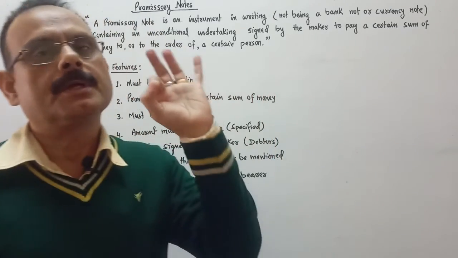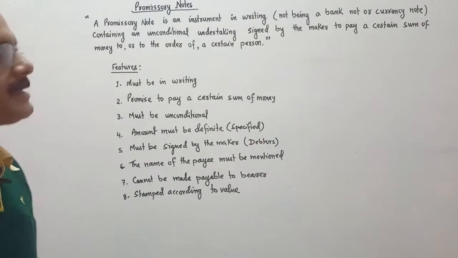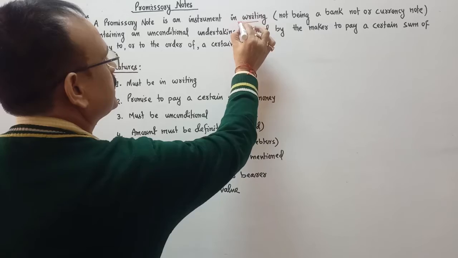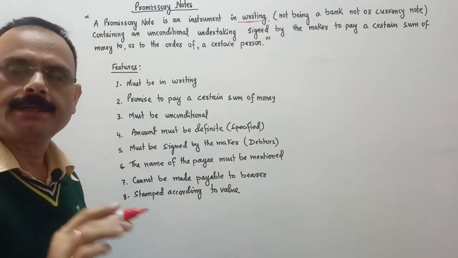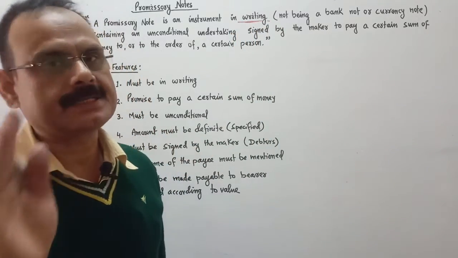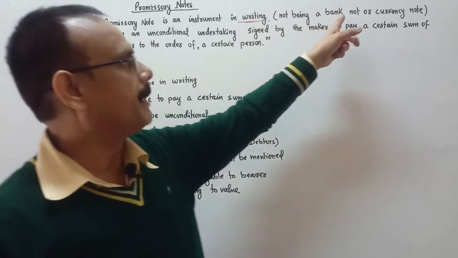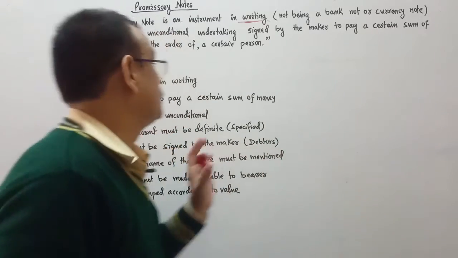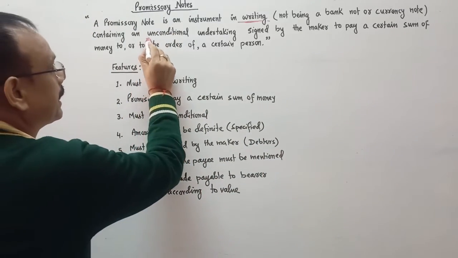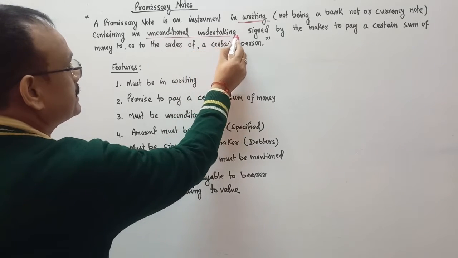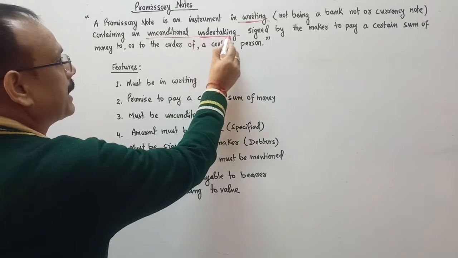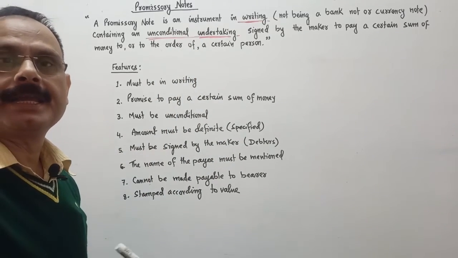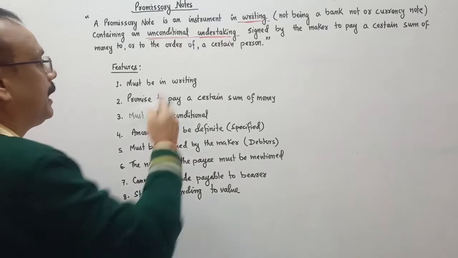A promissory note is defined as an instrument in writing, not being a bank note or currency note, containing an unconditional undertaking, not an order but an unconditional undertaking. Undertaking is very important.